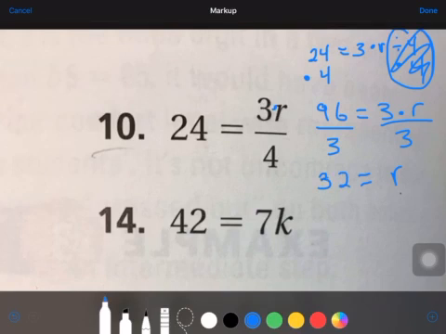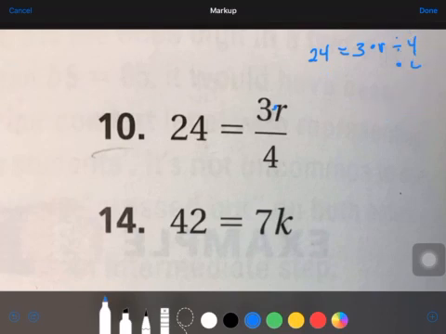Okay. So let's look at what would happen if we did, instead of timesing by 4 first, if we divided by 3 first. So I would get 24 divided by 3 equals 8.